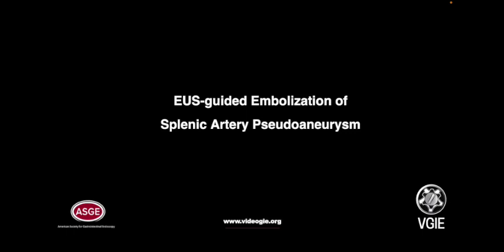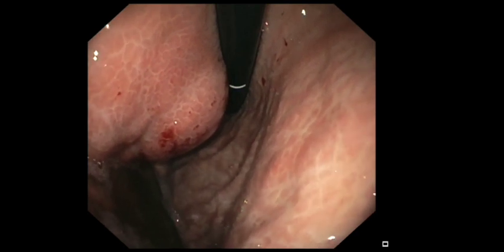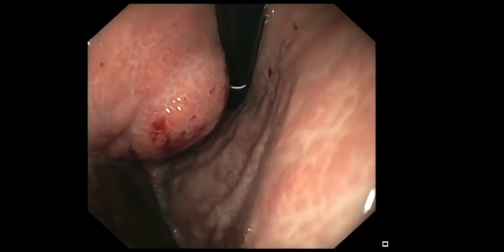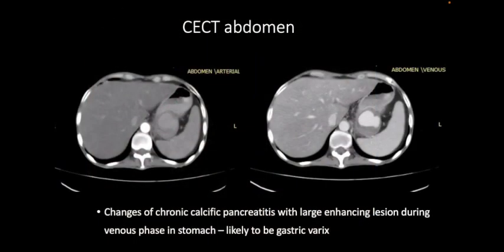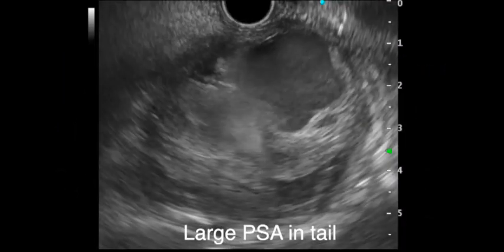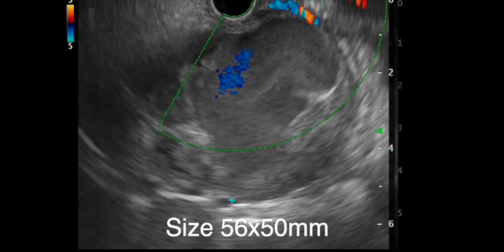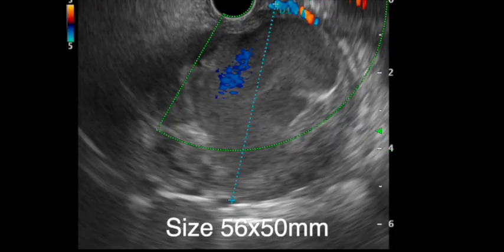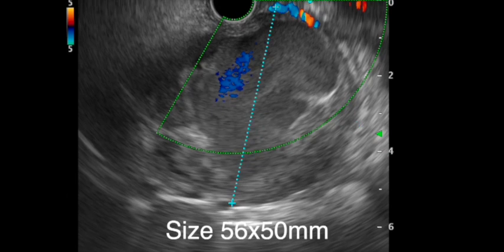Finally, describing EUS-guided embolization of a large splenic artery pseudoaneurysm. A gastroscopy showed a large bulge in the proximal body of the stomach, and on CECT abdomen, a vascular lesion enhancing on venous phase rather than arterial phase was seen. So EUS was performed and it showed a very large pseudoaneurysm of size 56 by 50 mm in the tail of the pancreas.